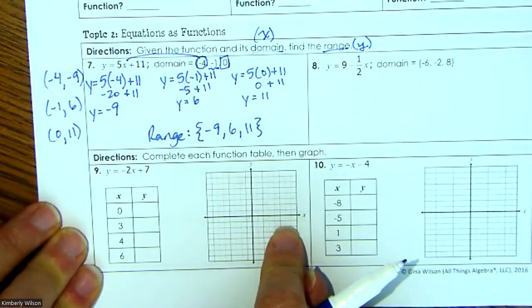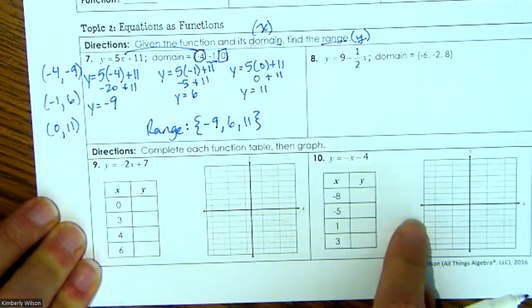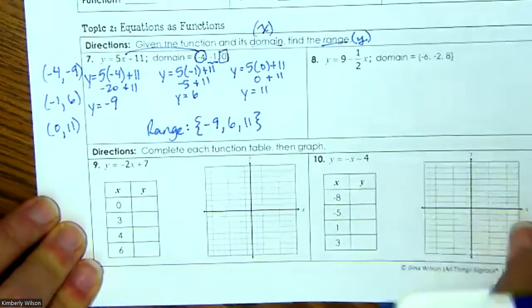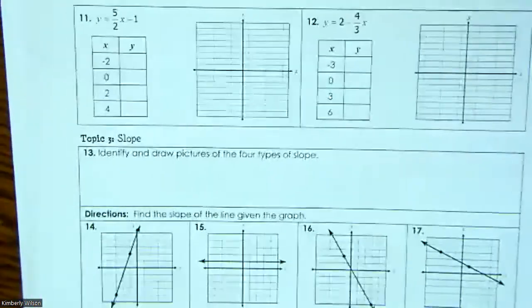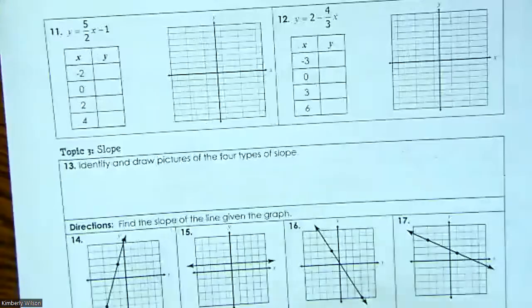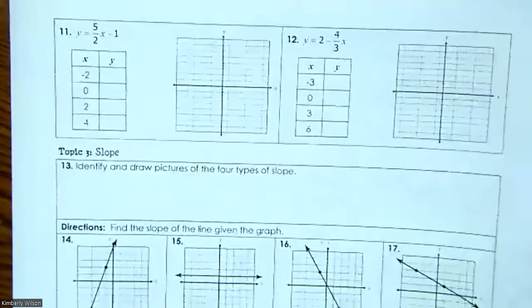That's the only added step for 9 and 10. Okay, moving right along. So that takes care of 7 through 12, because those are all the same type of problem. All right.